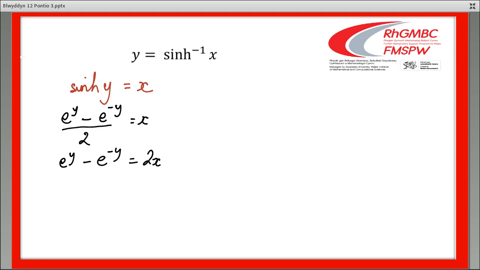I've got positive and negative powers. I'm not really too fussed about that. So what I'm going to do is multiply throughout by e to the power of y. So that will give me e to the power of 2y minus 1 equals 2x e to the power of y.